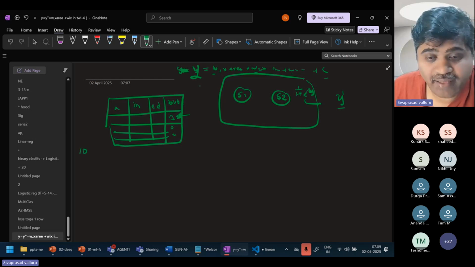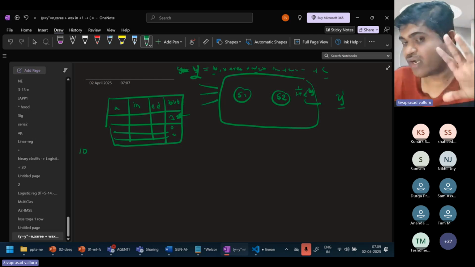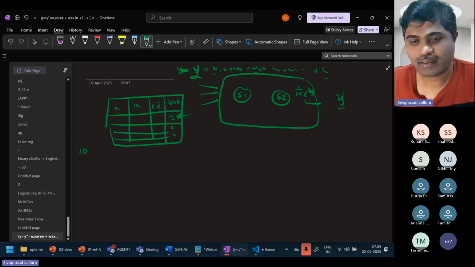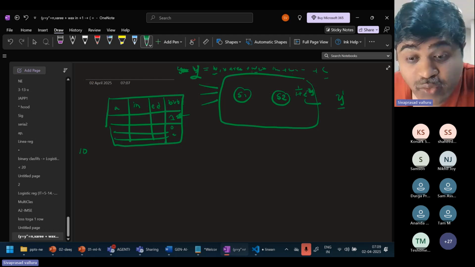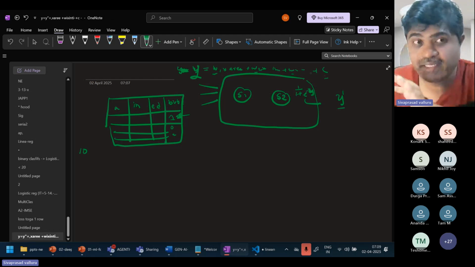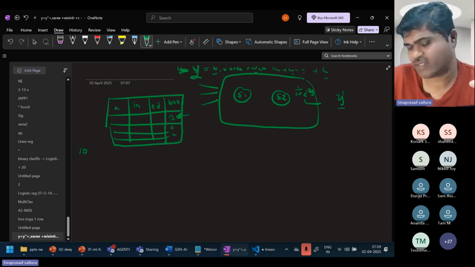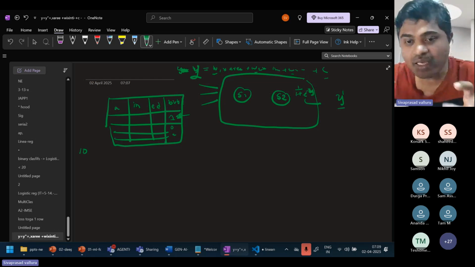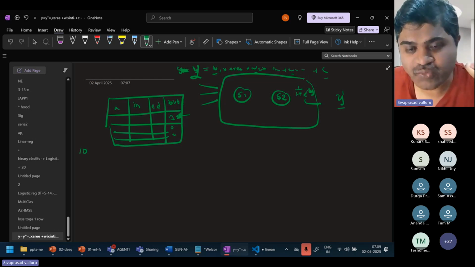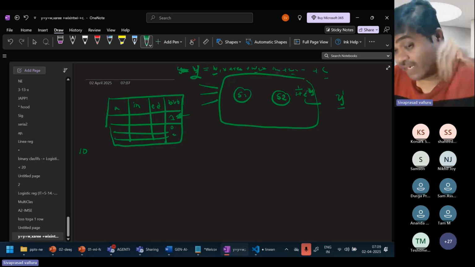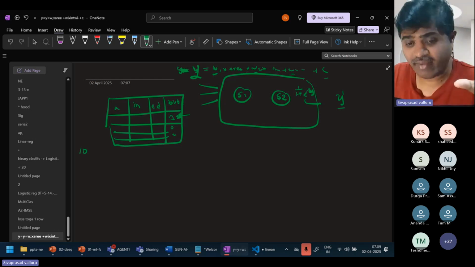I'll pass age, income, education as input. Initially during the training phase, W1, W2, W3, and the bias are initialized with random values. Finally, after training is done, our intention is to find the values of W1, W2, W3, right?